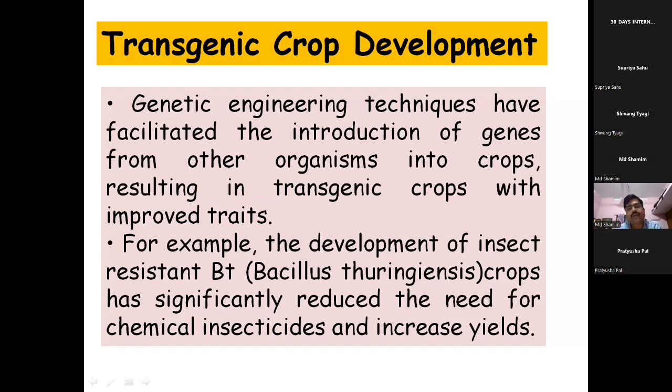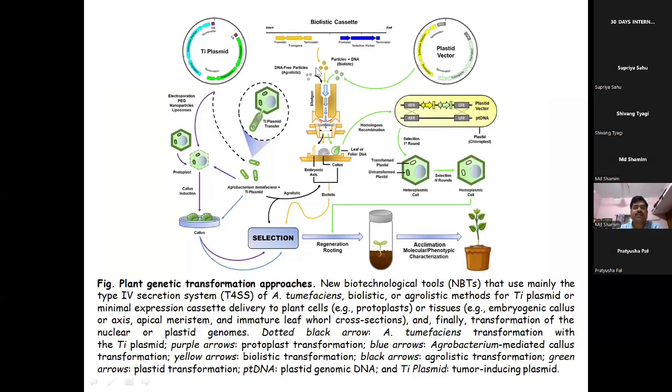But in India, only one Bt cotton has just been released for commercial production of cotton. So these are the basic methods for plant transgenic development.